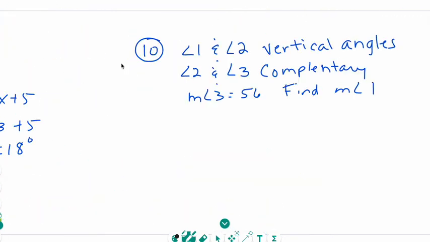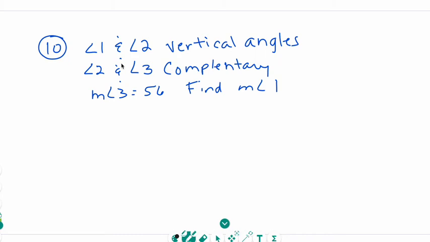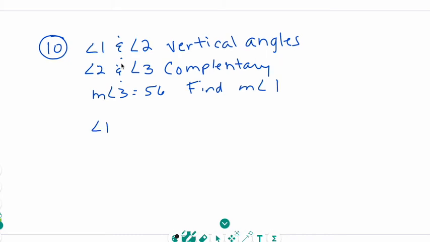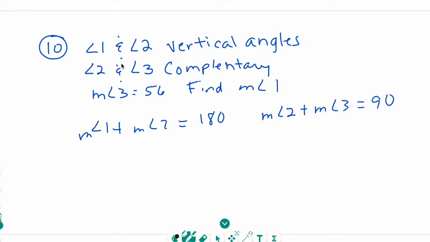And the last problem we have is angles 1 and 2 are linear. So we know that the measure of angle 1 plus the measure of angle 2 is going to be 180 degrees. 2 and 3 are complementary, so the measure of angle 2 plus the measure of angle 3 equals 90. We know the measure of angle 3 is 56, plus the measure of angle 2 is going to be 90.